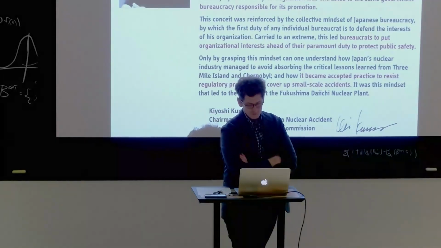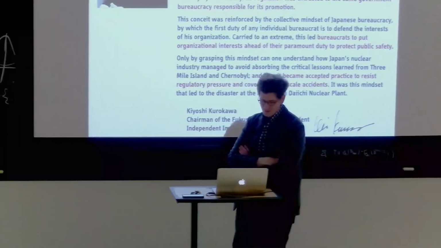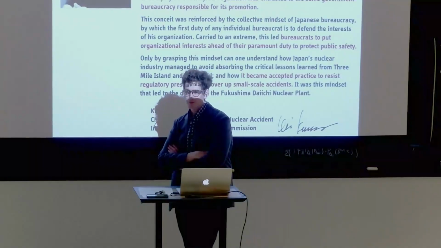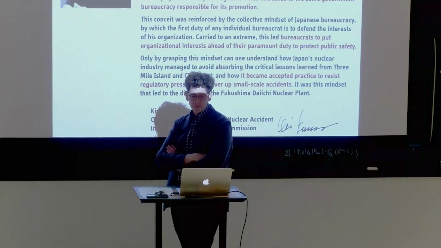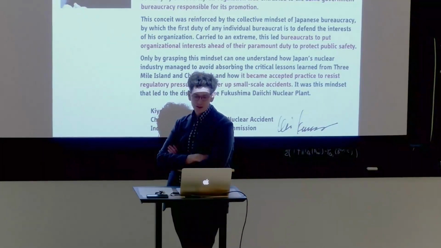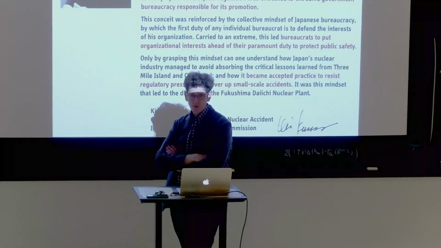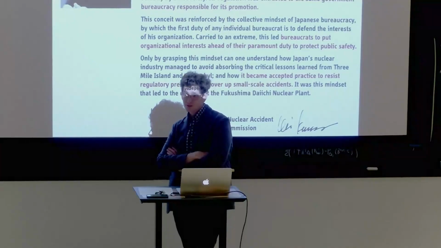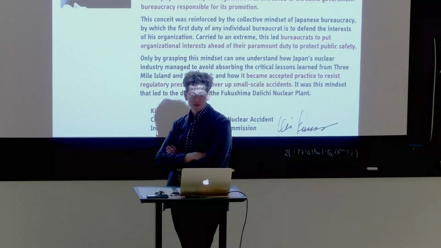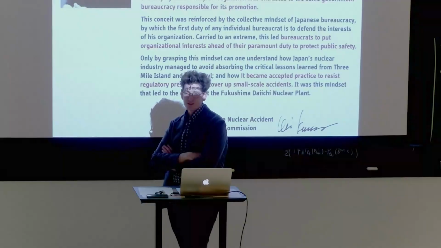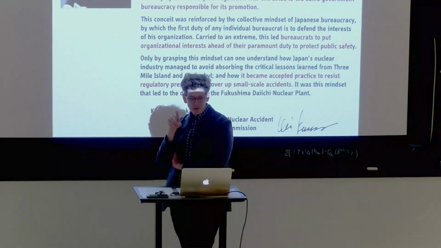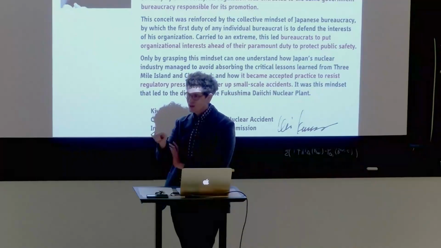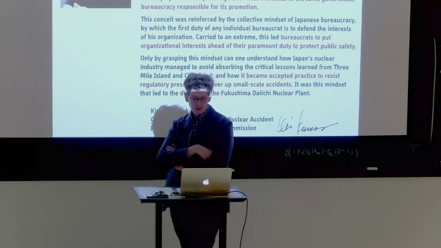Even with all of this, it's interesting to note that TEPCO, the company that built most of these and owned the Fukushima plant, still kept losing money because the plants were just not profitable with all the maintenance that they were having to do. Not surprising because they were so shoddily built, and that was leading to this downward spiral where they would try to cut further cost to try to make the company profitable again.